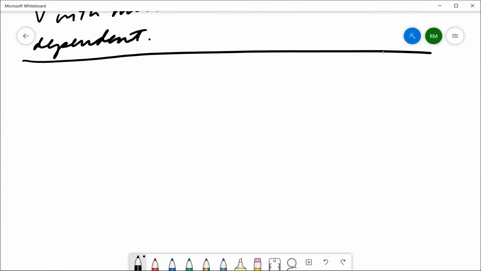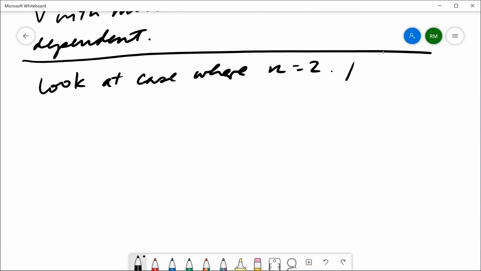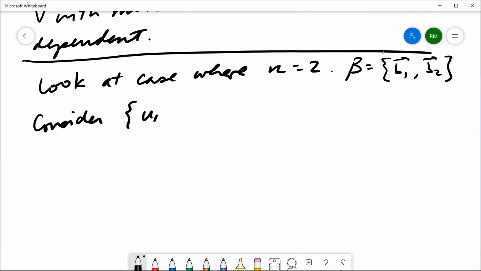So let's look at the case where n equals 2. What that's telling us is that our basis, B, has only 2 vectors, B1 and B2. So let's look at this set of vectors, U1, U2, and U3.